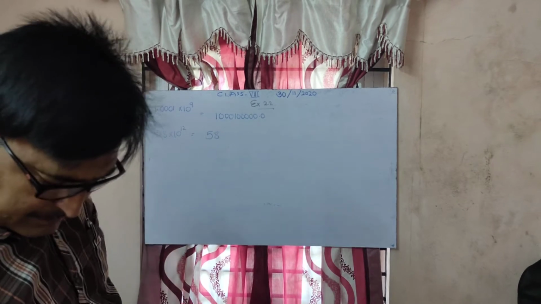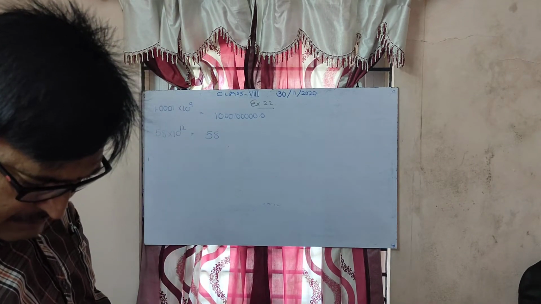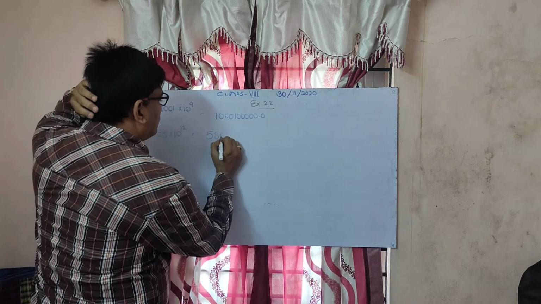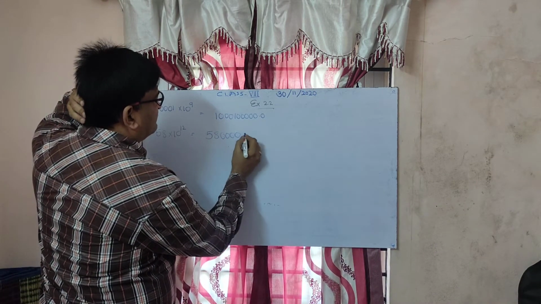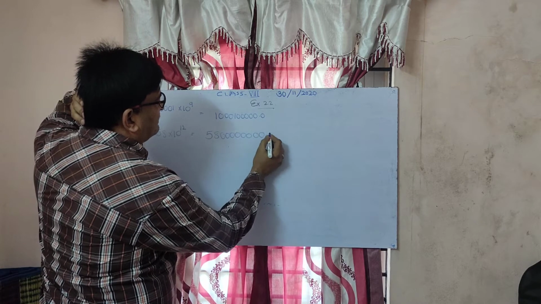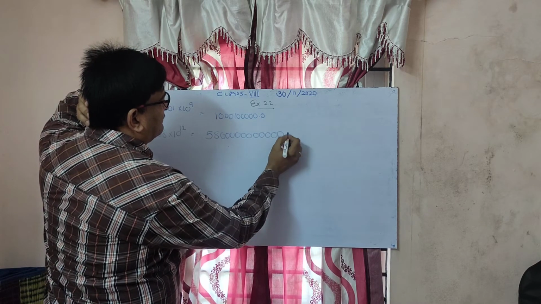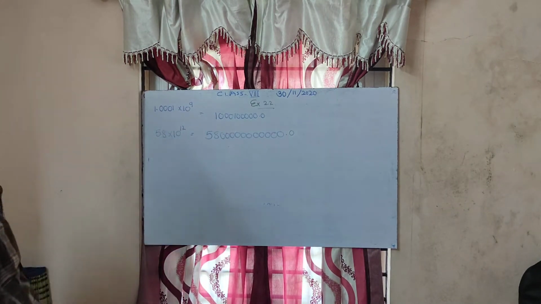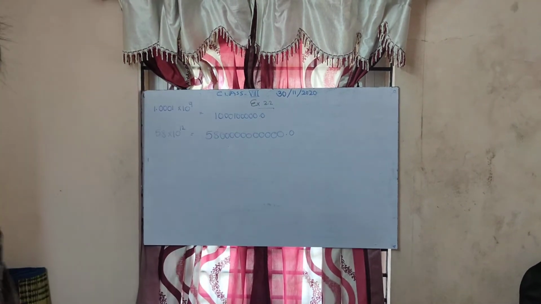Is it minus 12 or plus 12? It is plus 12 only. Count here: 1, 2, 3, 4, 5, 6, 7, 8, 9, 10, 11, 12. That's it. This is how this can be done.